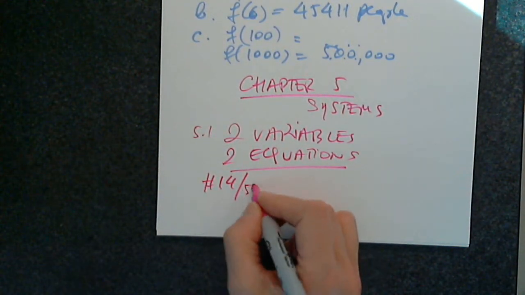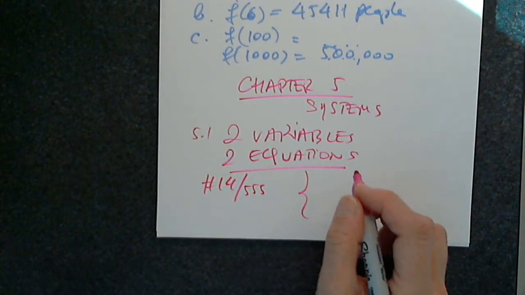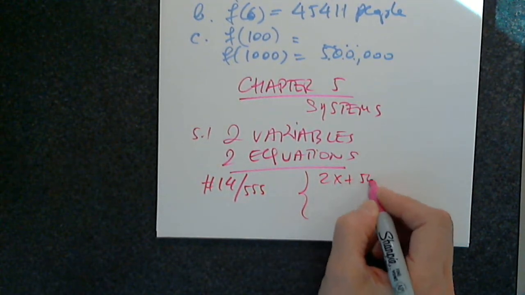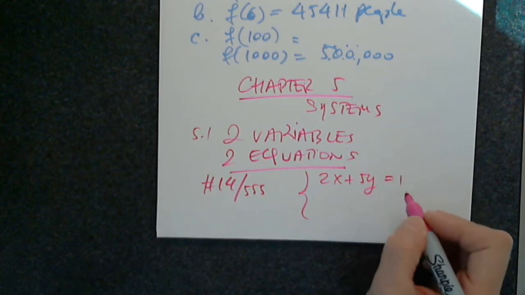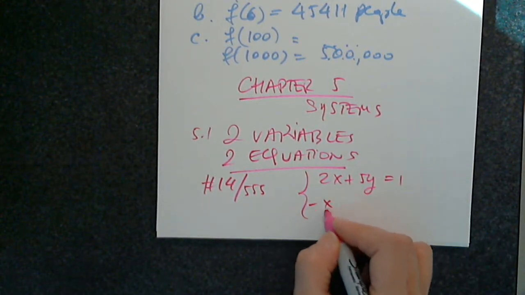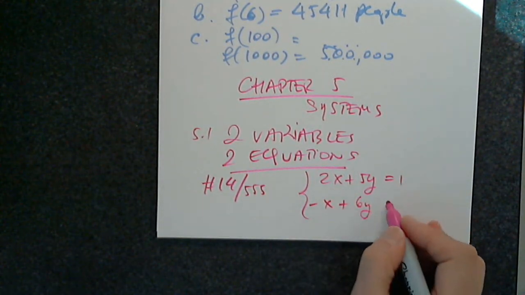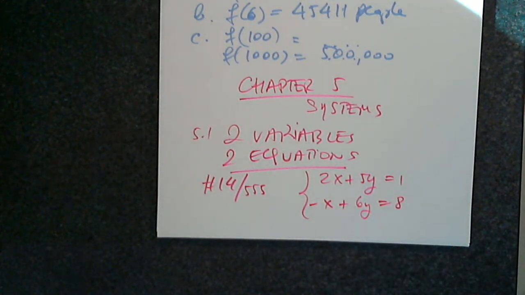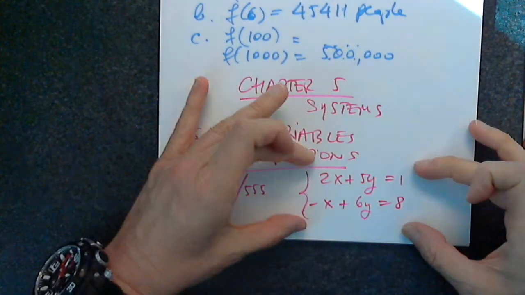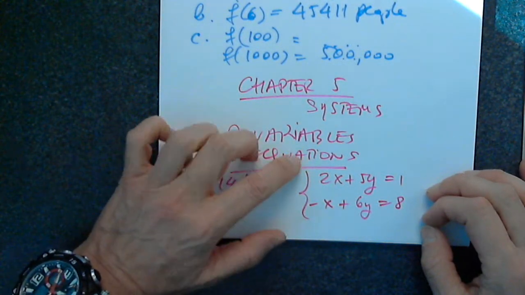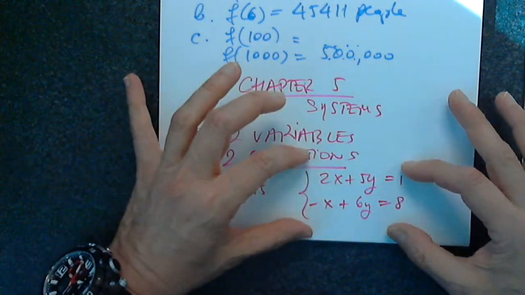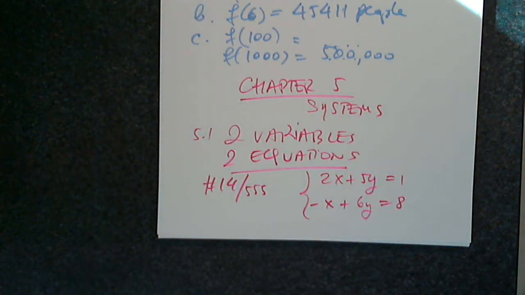We have 2x plus 5y equals 1, and negative x plus 6y equals 8. Two conditions put together. We keep them together all the time by this symbol or any other symbol that you want, but they have to be kept together. There are two conditions, two equations, two variables.